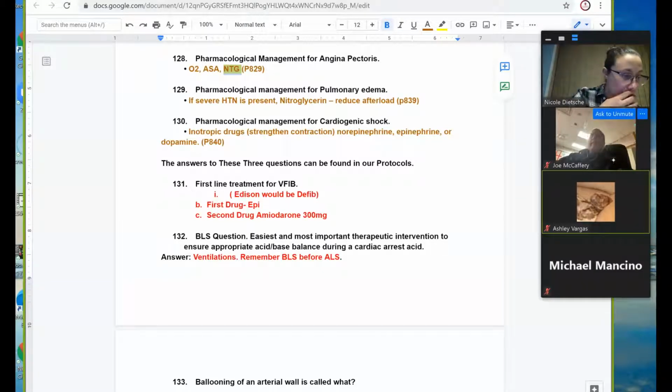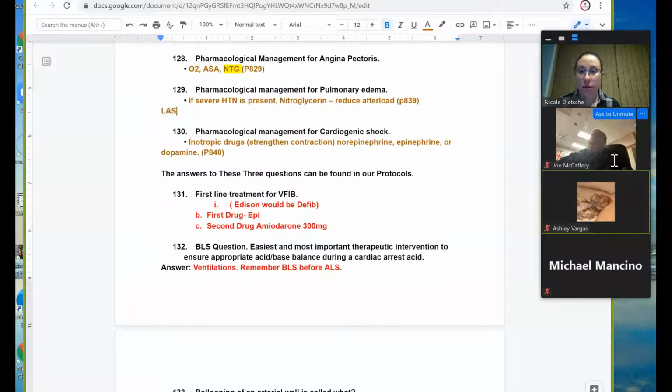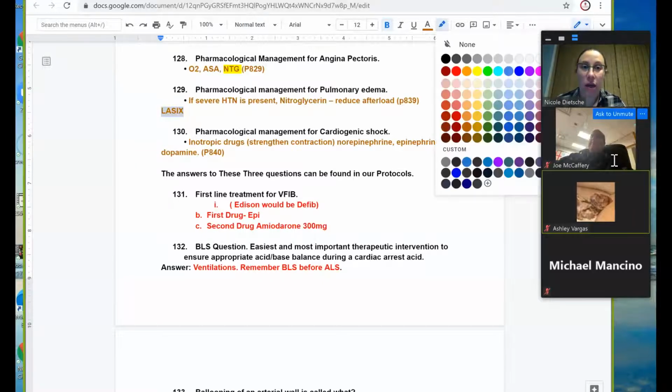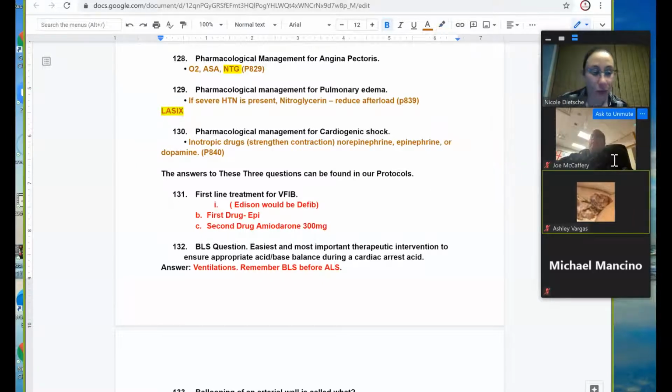Pharmacological management for pulmonary edema. Cardiogenic shock.